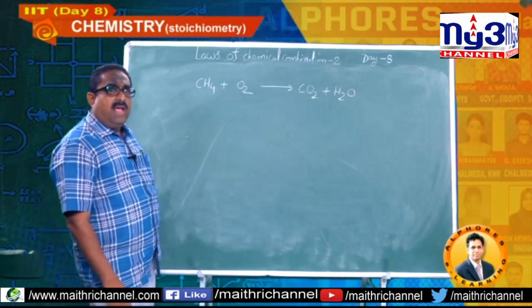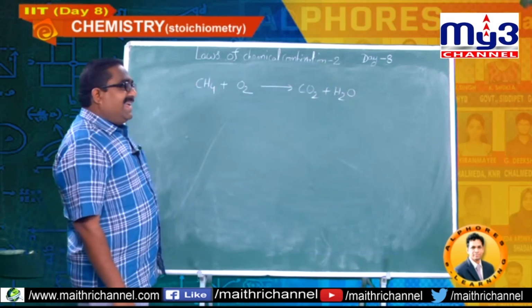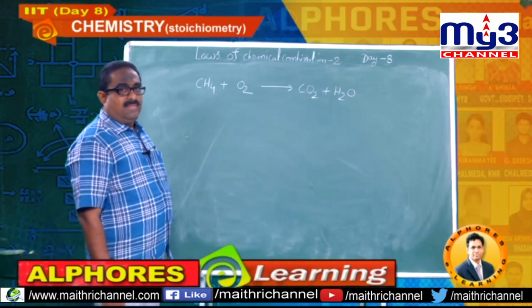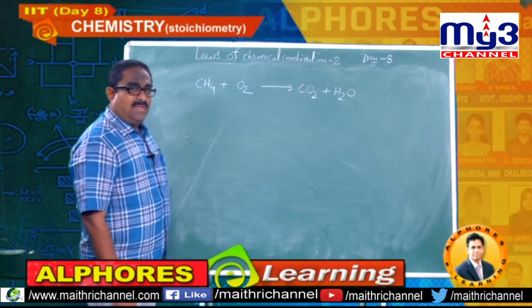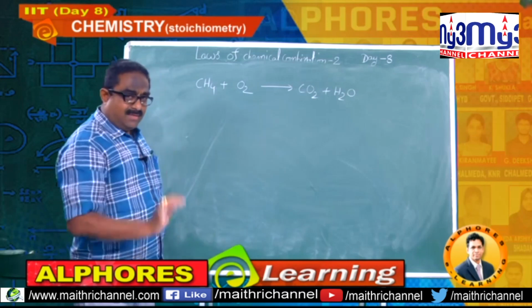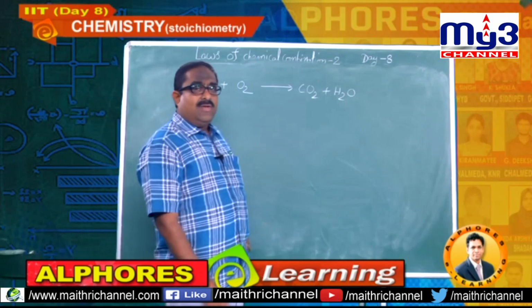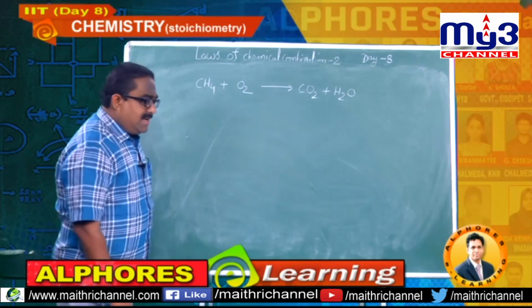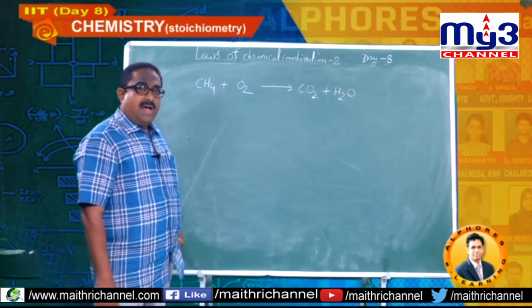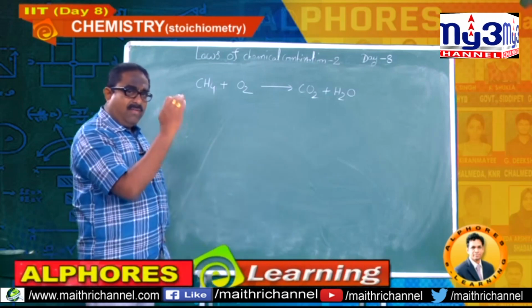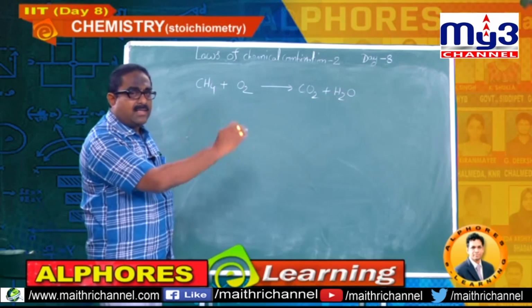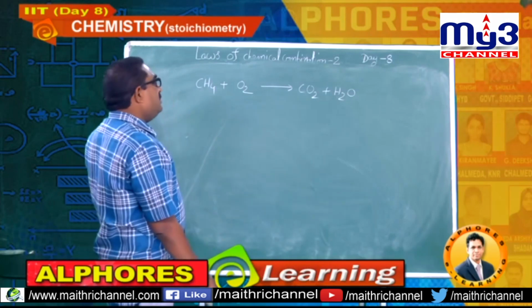Not only methane, students, any hydrocarbon, that is a binary compound possessing carbon and hydrogen and no other element, on burning in oxygen, that is combustion, always forms carbon dioxide and H2O.